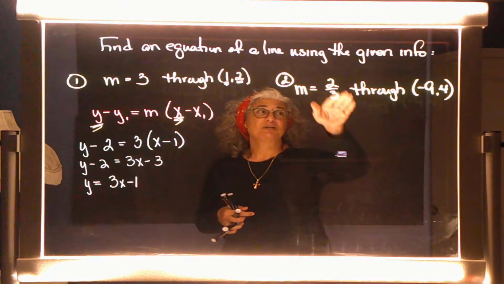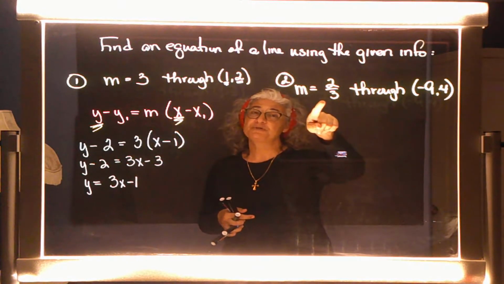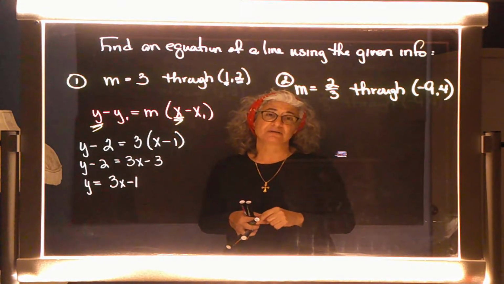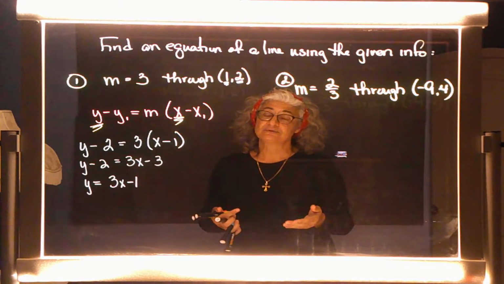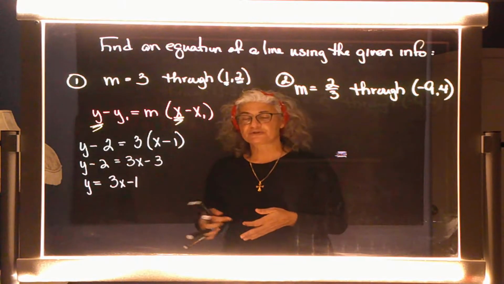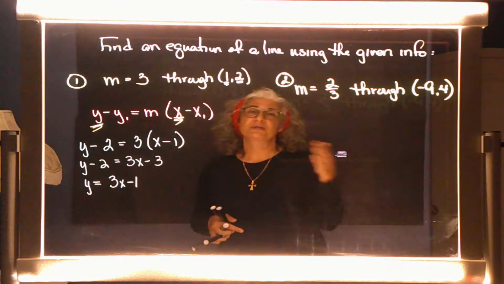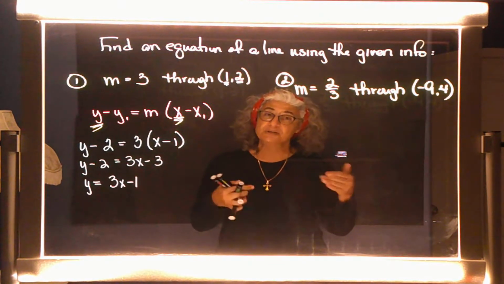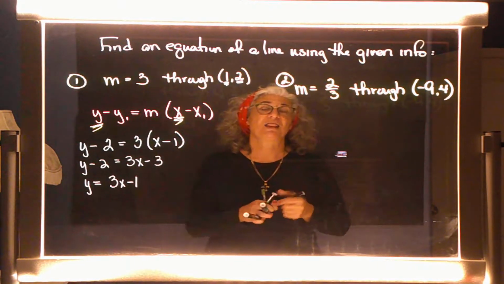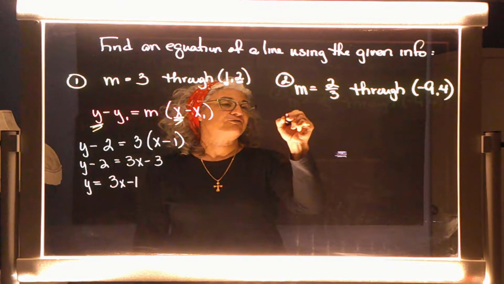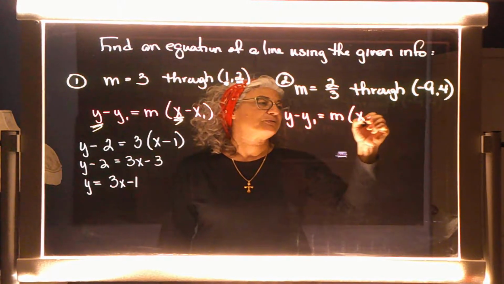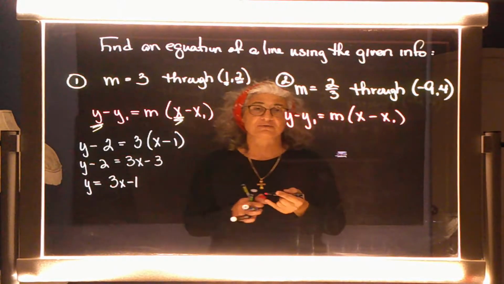Let's look at this one. They want me to find an equation of a line that has a slope of 2/3 and it's passing through the point (-9, 4). So, which form are you going to use? The slope-intercept, which was the first one we learned, or point-slope? Good, point-slope, because they gave me a point and they gave me a slope. So, same thing. Let's get the generic form written down so that I can see where the pieces of my puzzle are supposed to go.